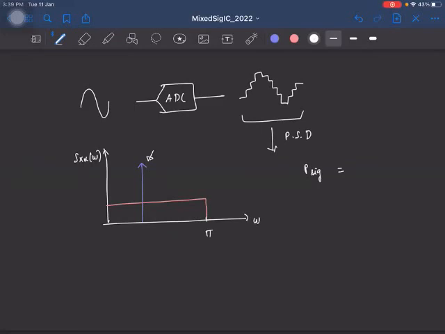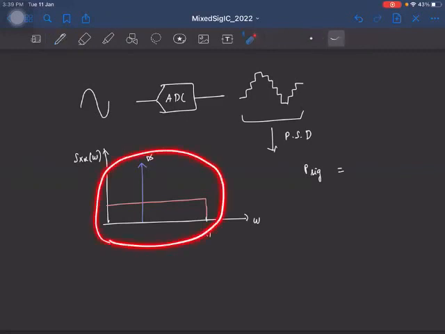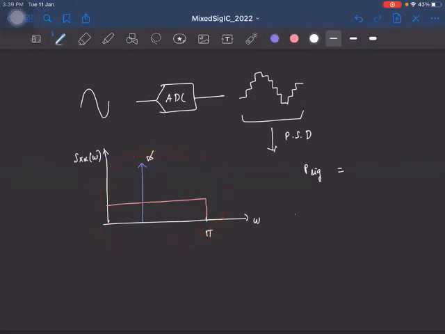Next, I need to find the quantization noise power. So how do I find it? If I take the area of the entire power spectral density, what do I get? I'll get the quantization noise power plus the signal power, because when we integrate the entire power spectral density, we'll also be integrating this impulse.